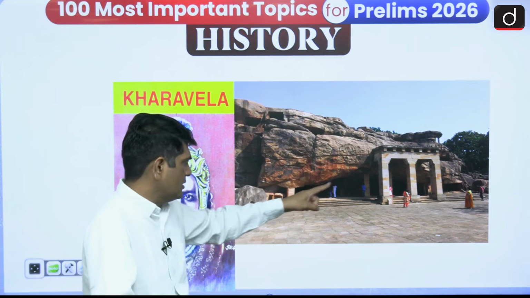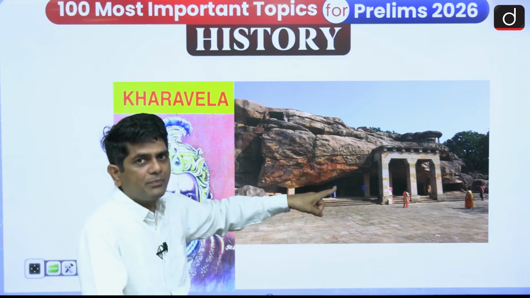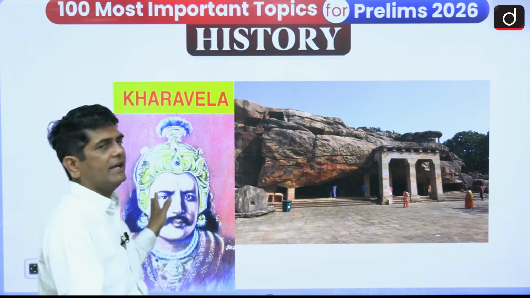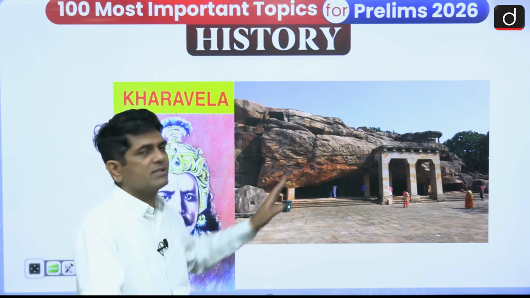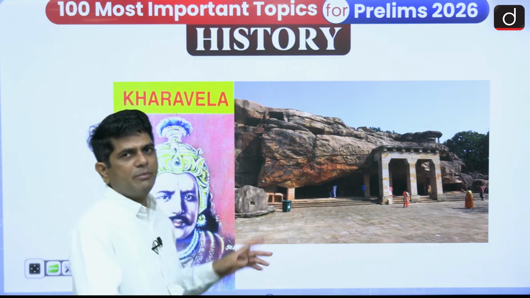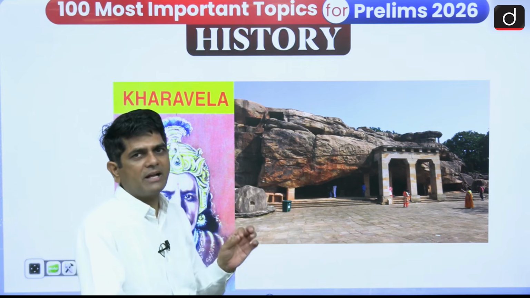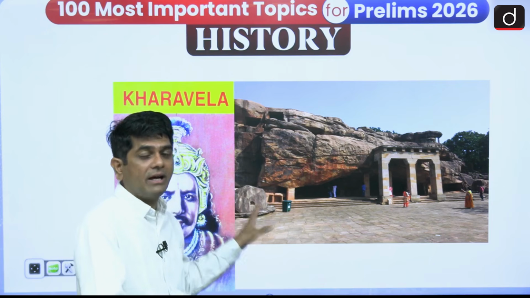This is called the Hathi Gumpha cave. And here we have the inscription of this great ruler of Kalinga, and the Hathi Gumpha inscription records the achievements of Kharvela, written in Brahmi script, Prakrit language.